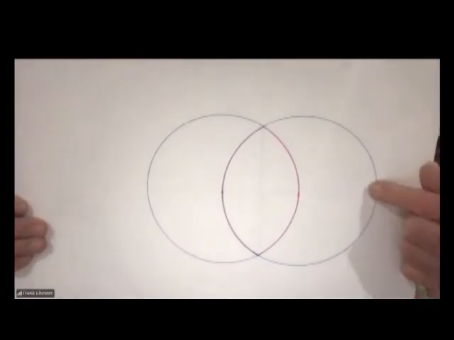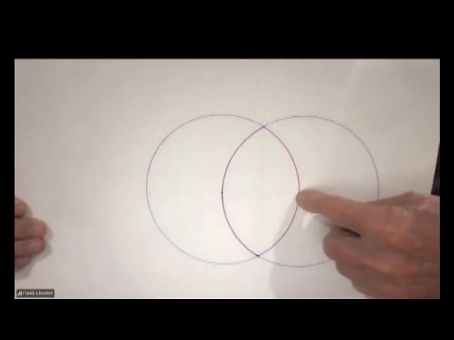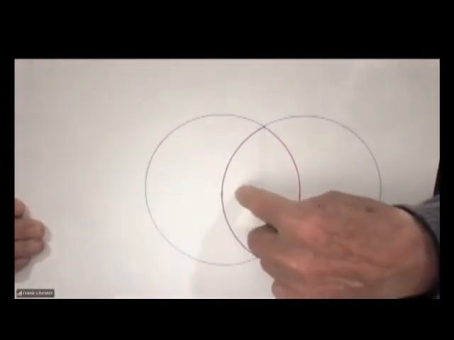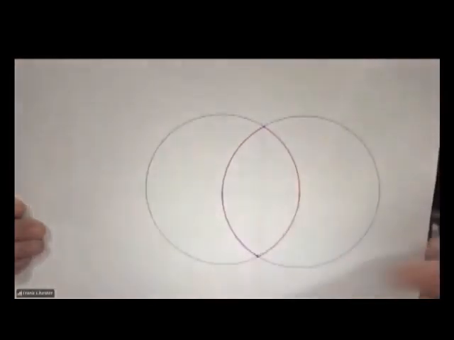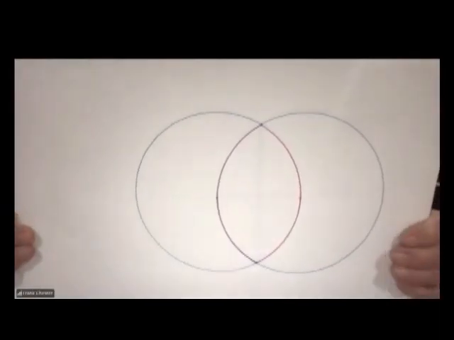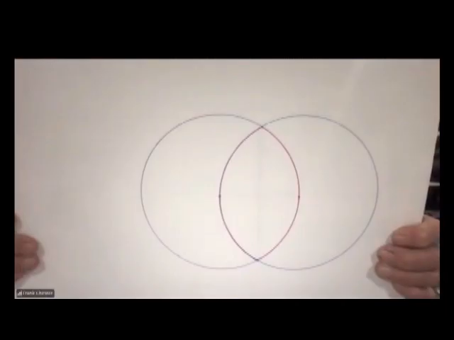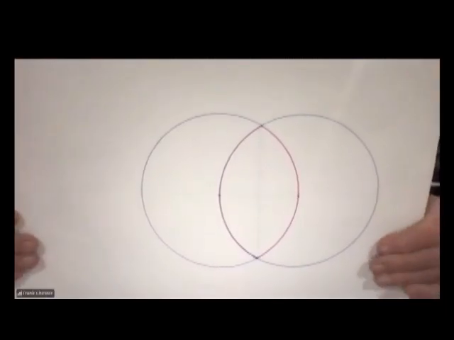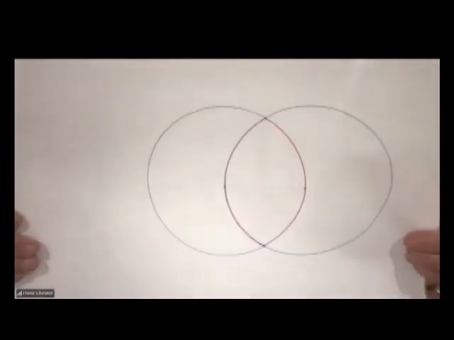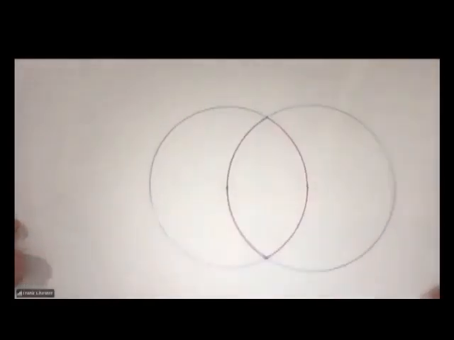So the distances from here to here, and from here to here, and from here to here are three equal spaces without any ruler. They're perfect. Now that's amazing.